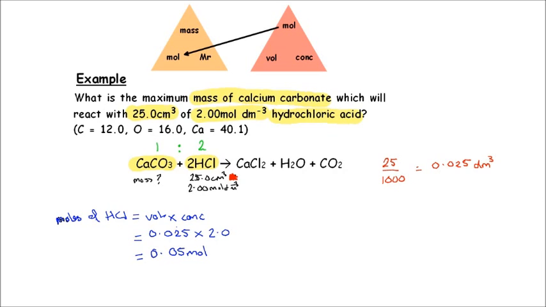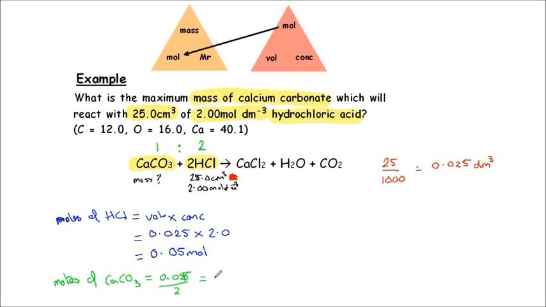So remember, we're using our bridge then. If we've got 2 moles of hydrochloric acid and 1 mole of calcium carbonate, we've got half the number of moles for this. So the moles of calcium carbonate, CaCO3, is going to be 0.05 divided by 2, because that's to find out the moles of it.